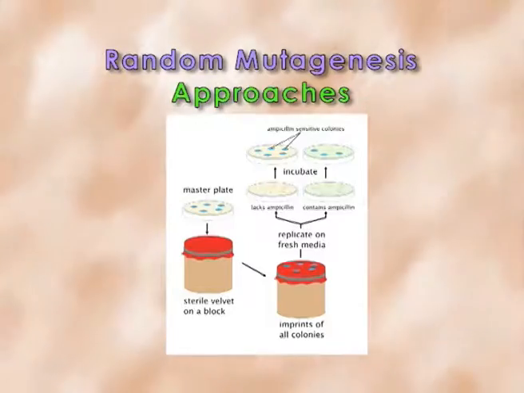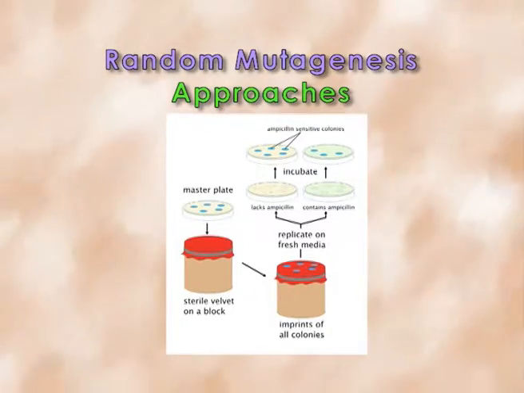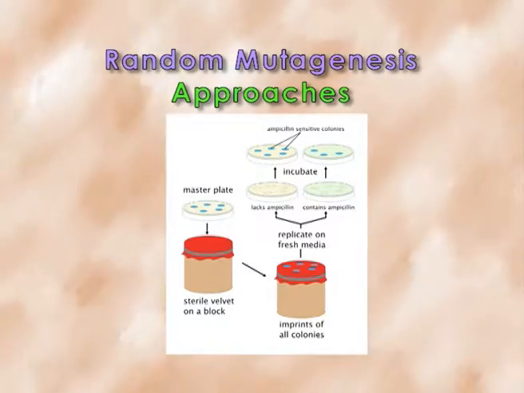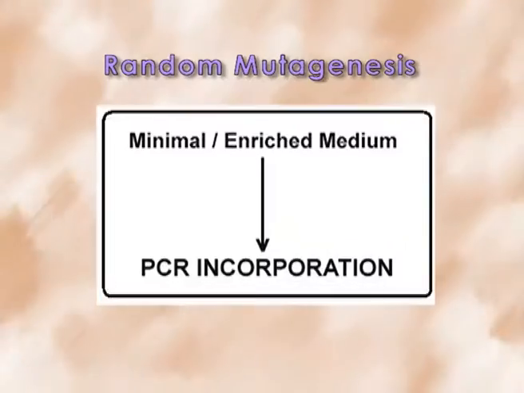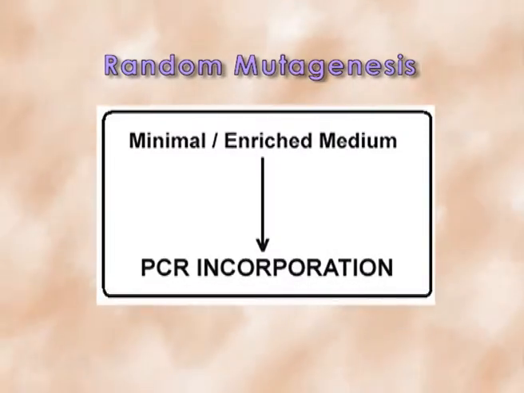Approaches: if E. coli are exposed to UV radiation or T1 phages, random mutagenesis can arise. It can happen in a selective medium by giving minimal and enriched conditions to select which particular phenotypic changes are observed by random mutagenesis. It can also be done by PCR misincorporation of the polynucleotides.